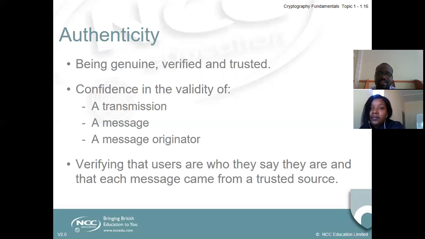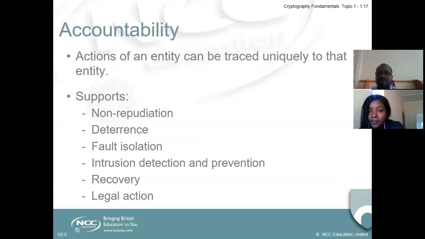You have to verify that the users are who they claim to be. No wonder when you want to open your email address, you are going to enter the password, isn't it? So that the server can compare what you have entered with what the system is already keeping, just to make sure that you are the person you claim to be.